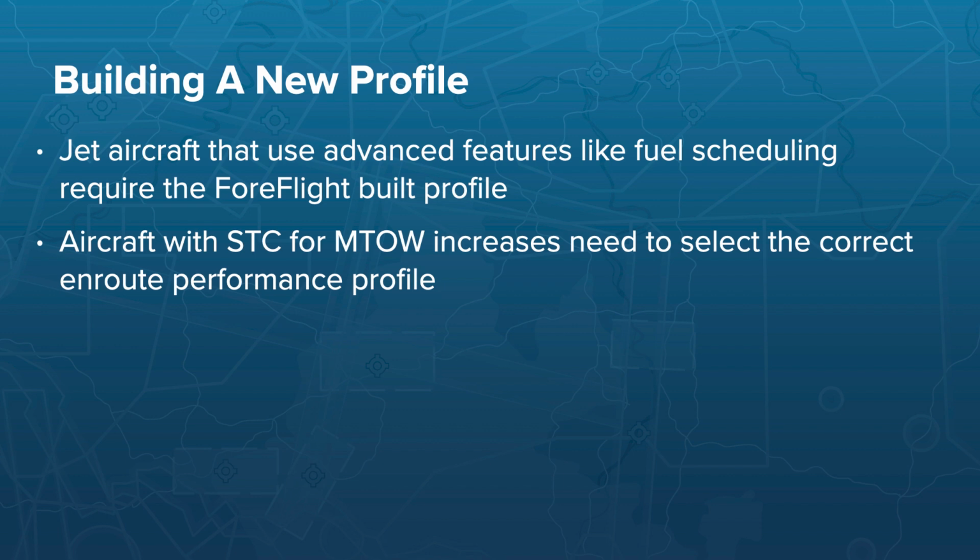And if you have an aircraft that's been STC'd for a maximum takeoff weight increase, you want to make sure that you select the correct profile from your list of aircraft to have that maximum takeoff weight increase in there.